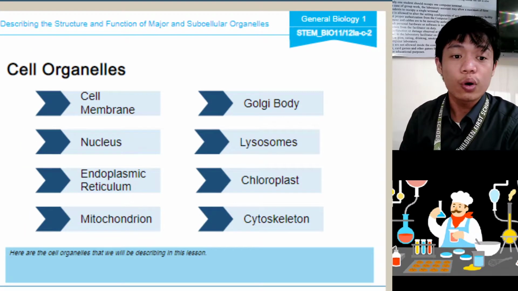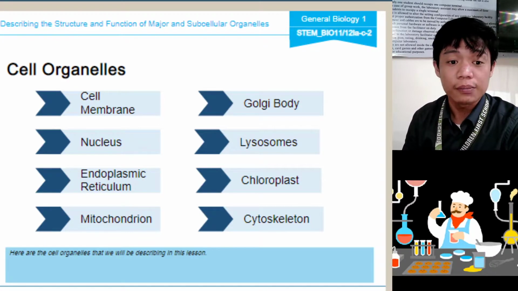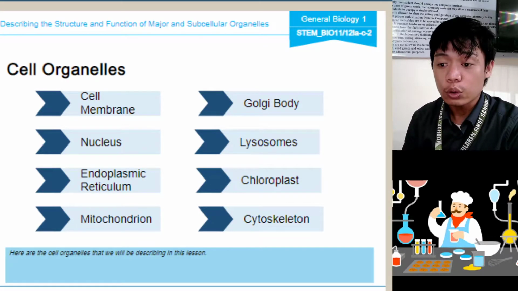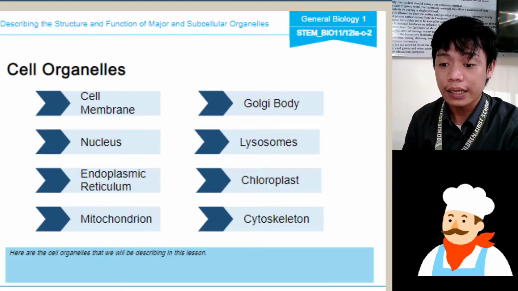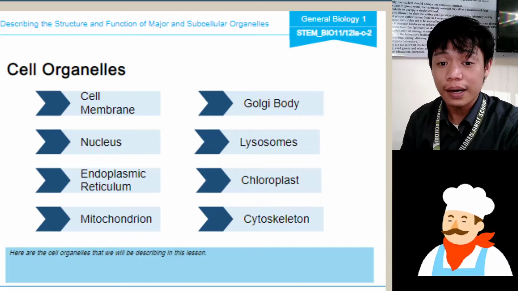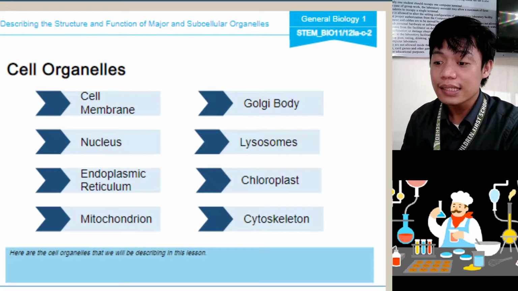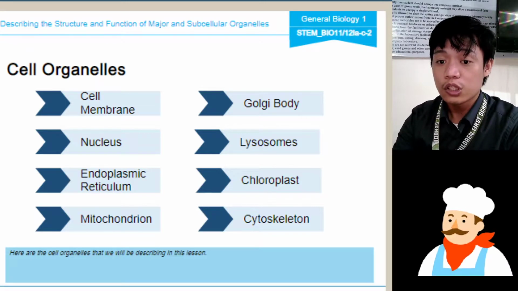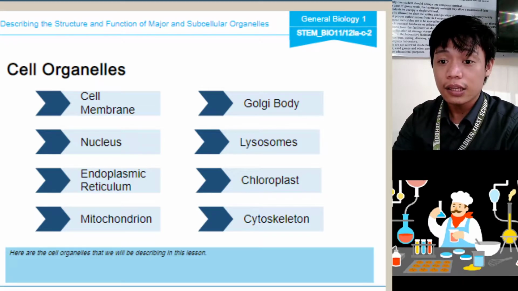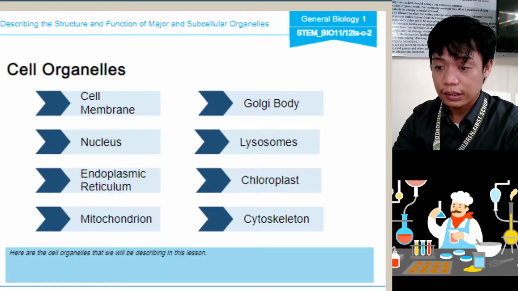The 8 major organelles of the cell are the following: the cell membrane, the nucleus, the endoplasmic reticulum, the mitochondrion, the Golgi body, the lysosome, the chloroplast, and the cytoskeleton. So these 8 organelles are the major organelles of the cell.